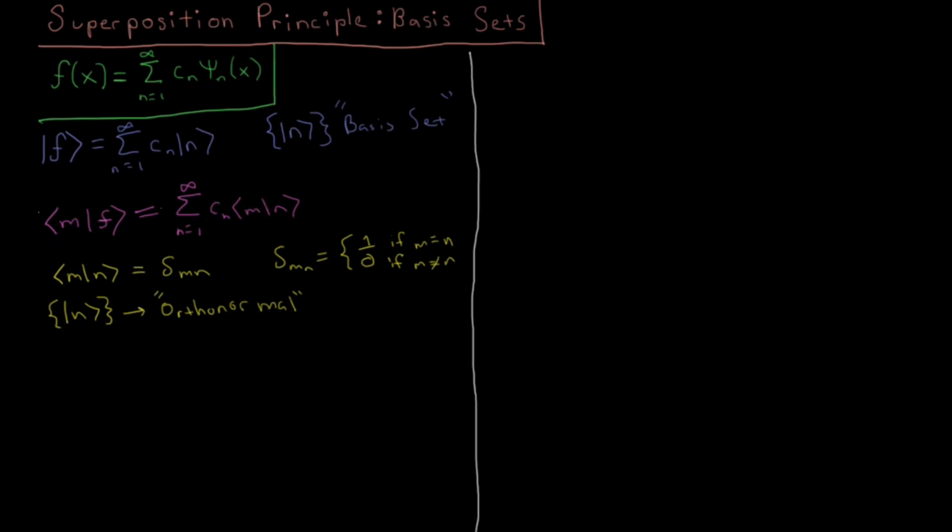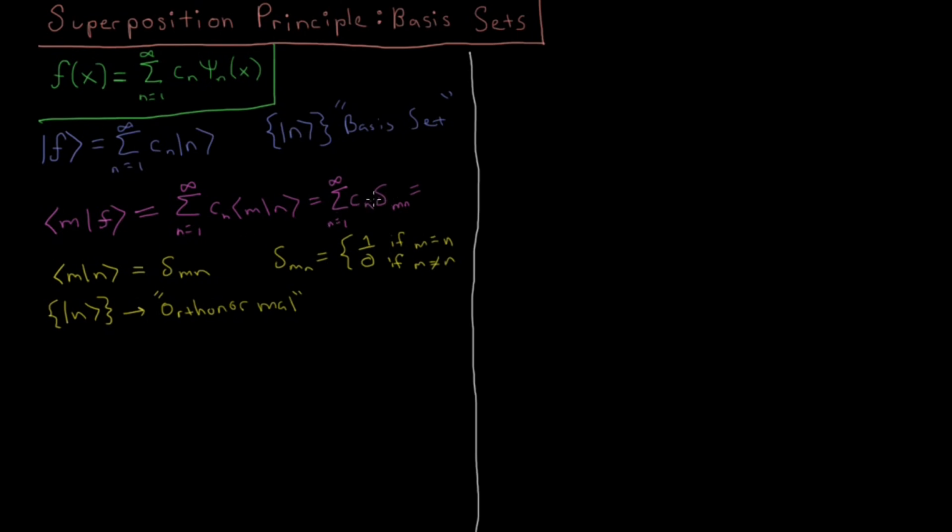Okay, so using that, up here we have this sum from n equals 1 to infinity times Cn. This integral here is going to become delta mn because these are orthonormal functions.